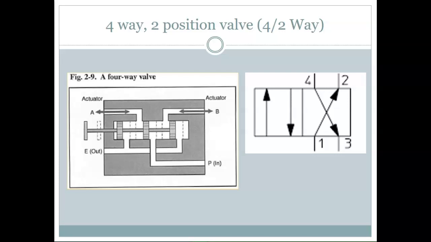Evens, your 2 and 4, are always outputs. 1 is always your input. 3 and 5 are exhaust. Does that make sense to everybody? Okay? 1 is your input. 2 and 4 are your outputs. 3 and 5 are your exhaust.